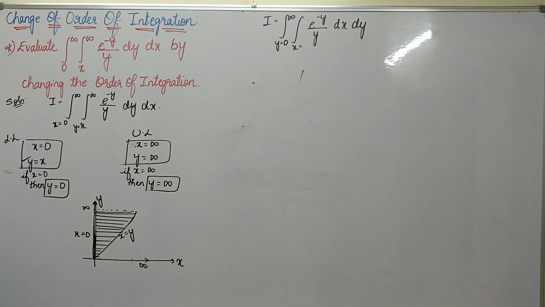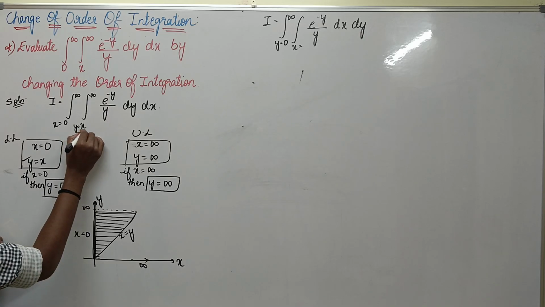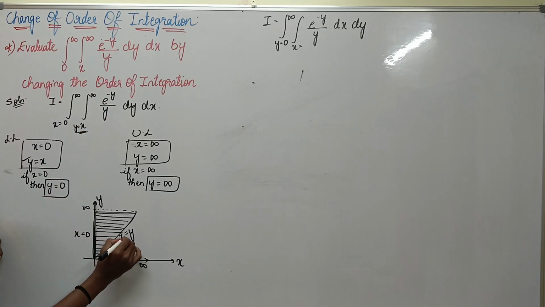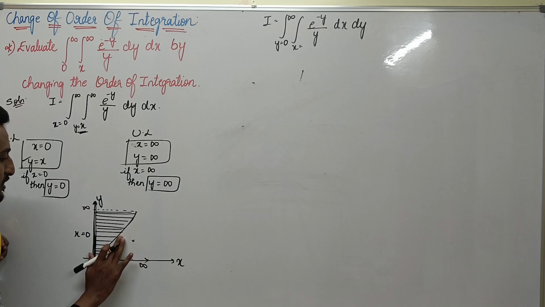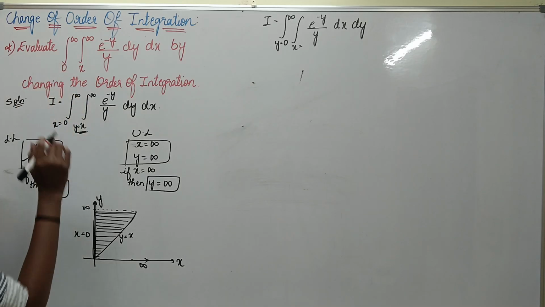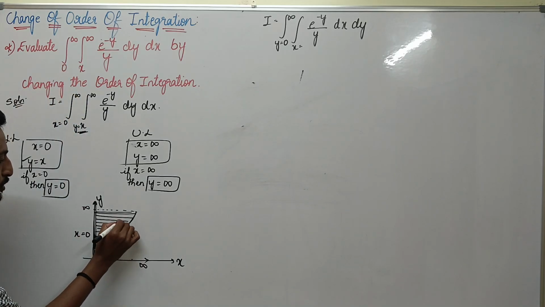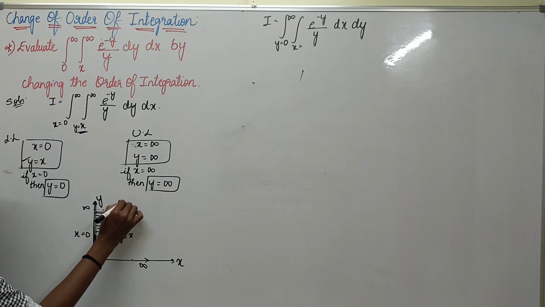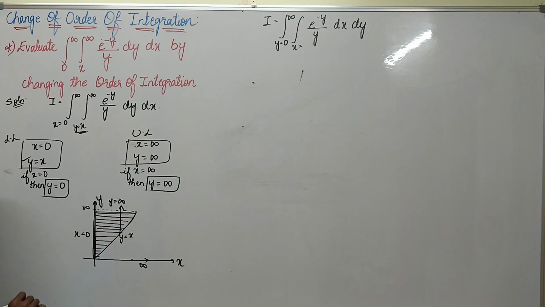Now, first let us look into the limit point. We have y equal to x, or else x equal to y, or let us represent y equal to x. It goes up to infinity, goes on up to y equal to infinity.